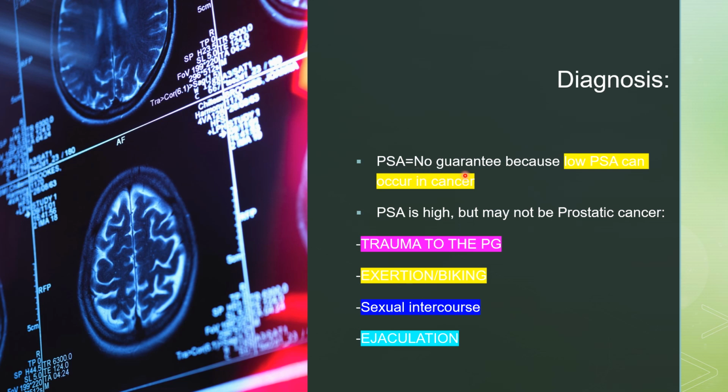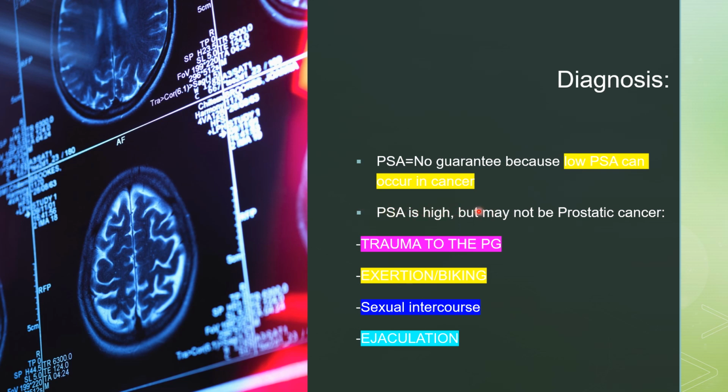So there's no guarantee that a low level of PSA is ruling out cancer, please. So if you go to a doctor and the PSA level is low, don't go and be pumping champagne that I don't have prostatic cancer. It may not be. It may be the opposite. You may have it. Okay.